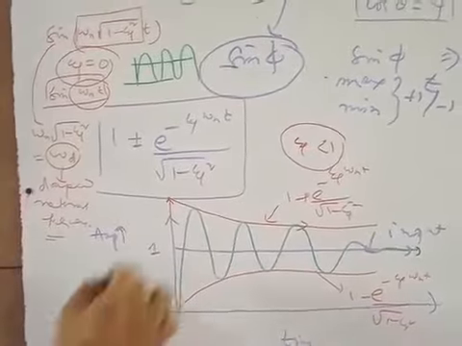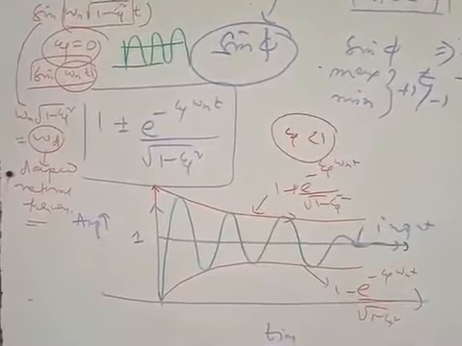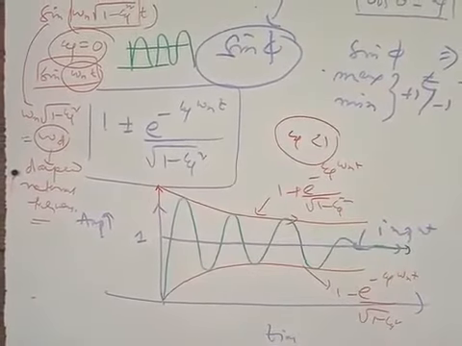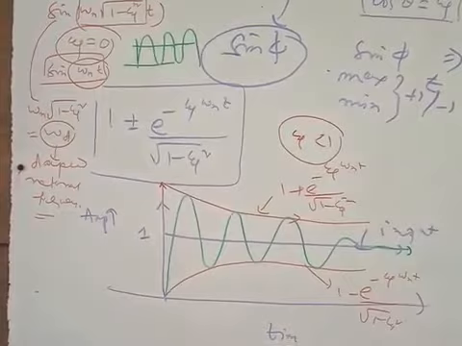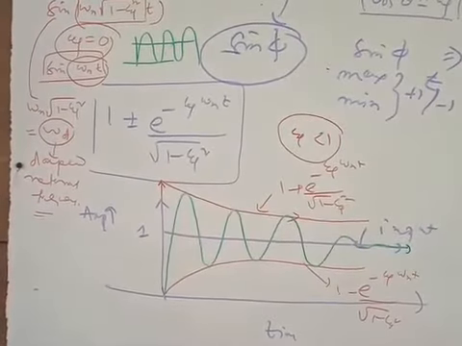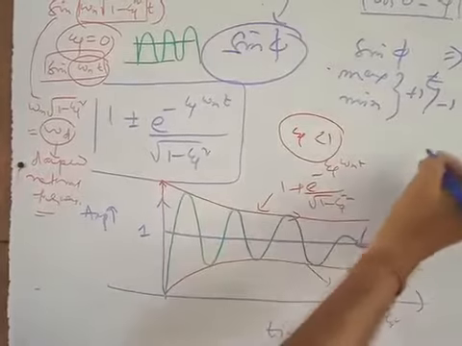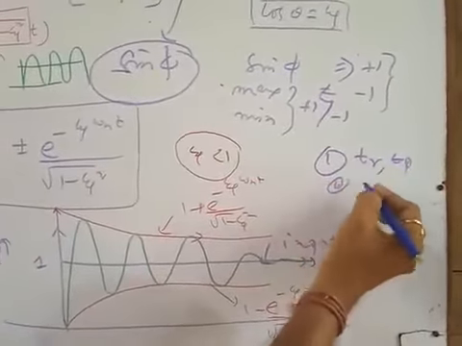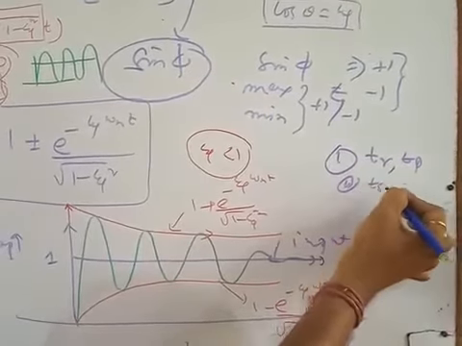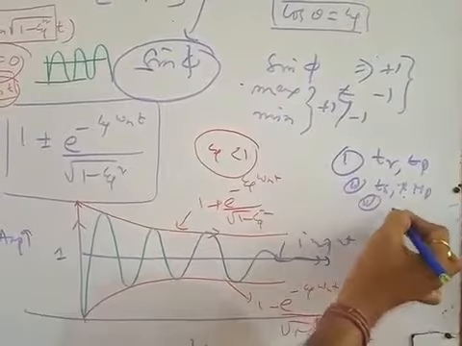Once you get the responses like this, you can find out the steady state response characteristics and transient response characteristics, normally known as the time domain parameters. Already we have discussed TR, TP, TS, percentage peak overshoot, and ESS.